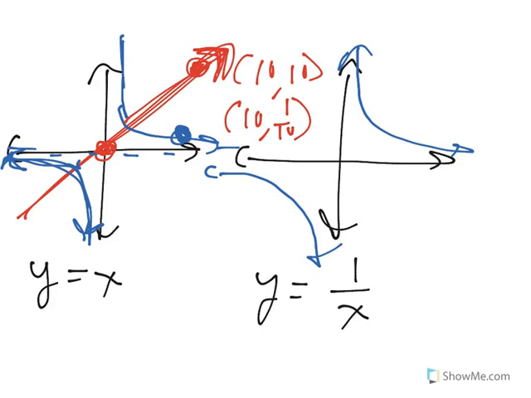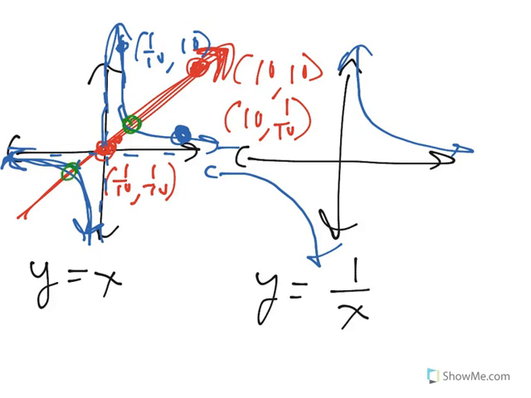On the other hand, let's say this point really close to the origin is 1/10, 1/10 on the red. On the blue, it's going to be 1/10, 10, because the reciprocal of 1/10 is 10, so it gets really high up. And that's why we have this other asymptote, this vertical line.